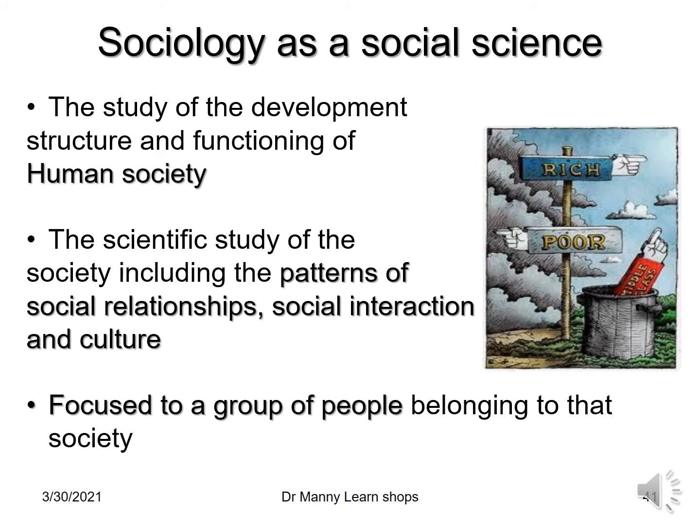Then we look at sociology. Sociology, as a social science, is the study of the development, structure and functioning of our human society. It's the scientific study of society, including the patterns of social relationships, social interaction and culture. And it focuses on a group of people that belong to that specific society.